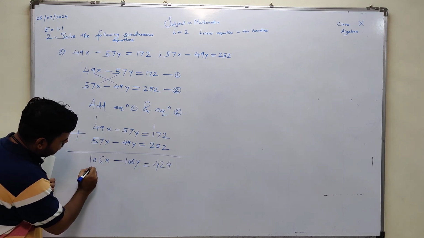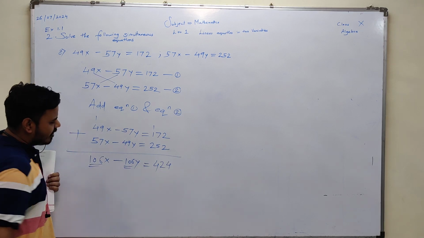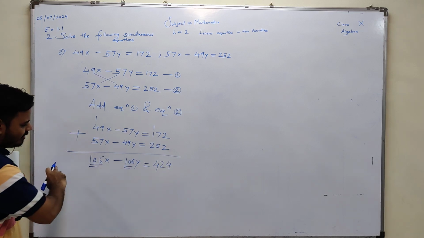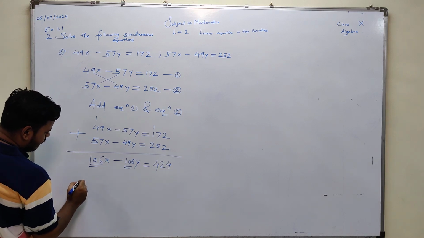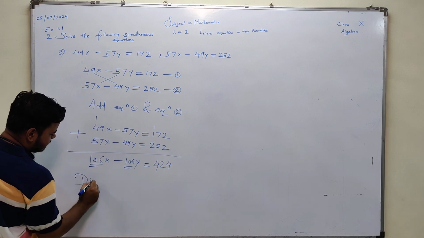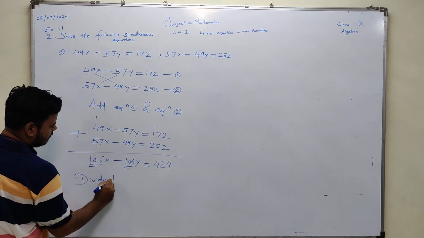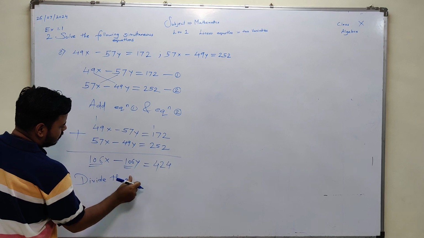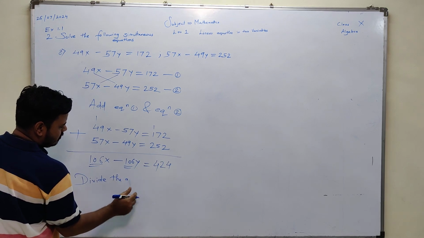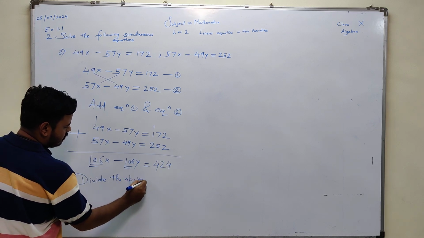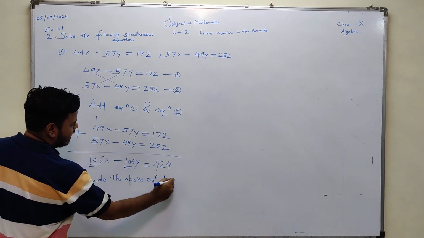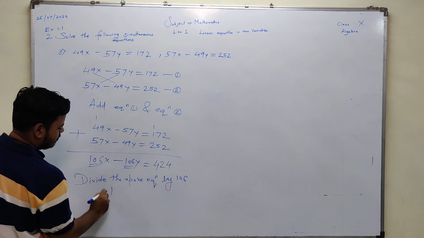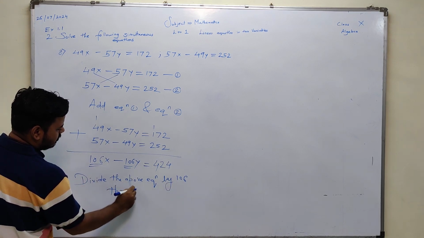So what will you do now? We have to see this 106. What we can do is divide throughout this equation by 106 in order to simplify the equation. So the next step is to divide the above equation by 106 throughout.